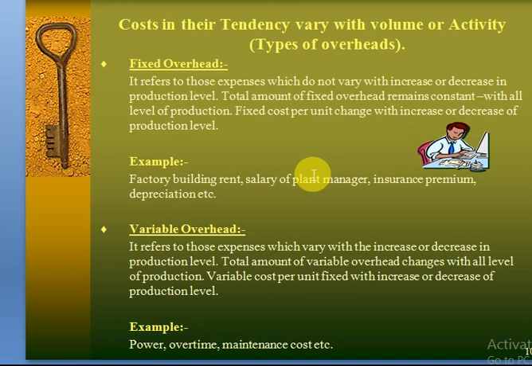Fixed cost will remain constant in total, and it will vary per unit with the increase or decrease in production level. For example, factory building rent, salaries of the plant managers, insurance premiums, depreciation. The factory building rent is fixed for some specific period of time.